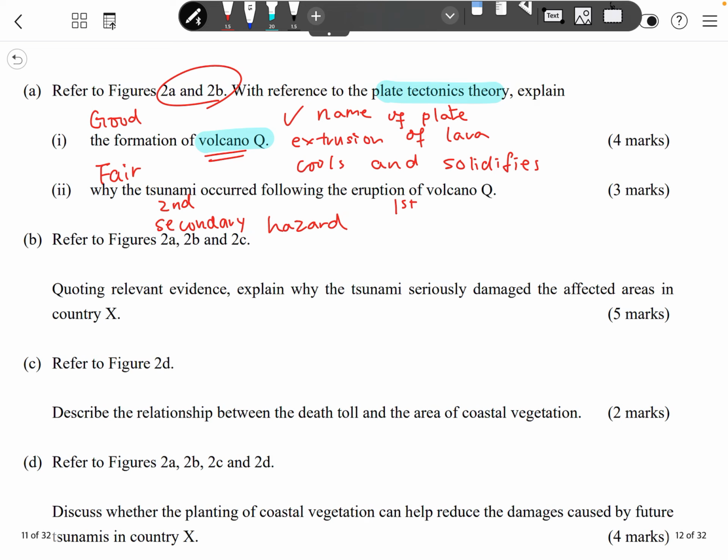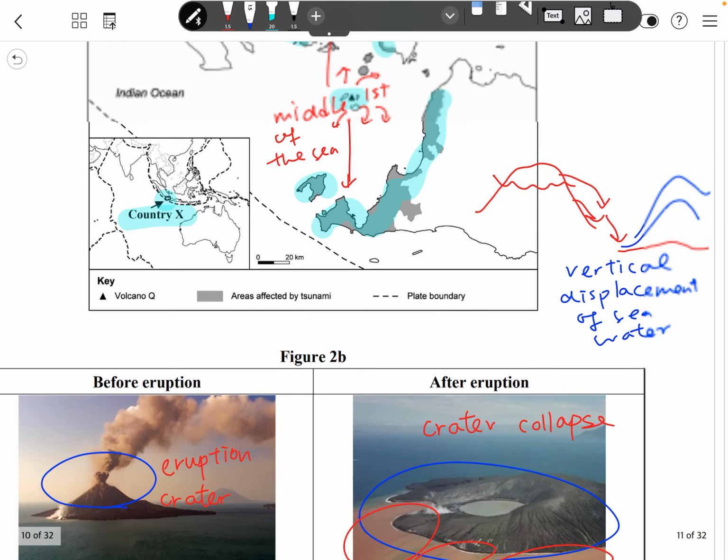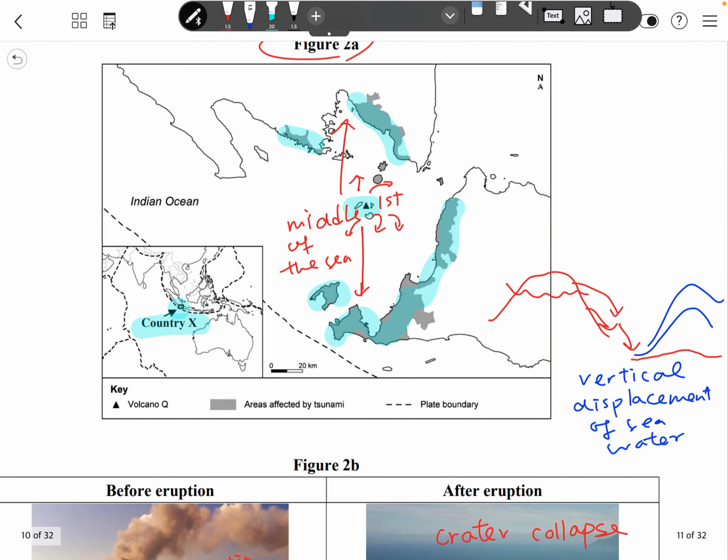So next, question B. Why did the tsunami seriously damage the surrounding area? So this one is quite good. Many of you can make use of the data and explain. I just remind some of you that you missed out some important data. For figure 2A, same, what you miss out is the short distance.